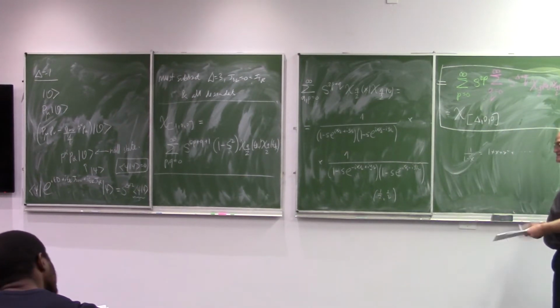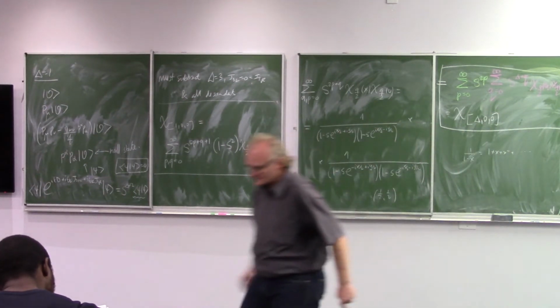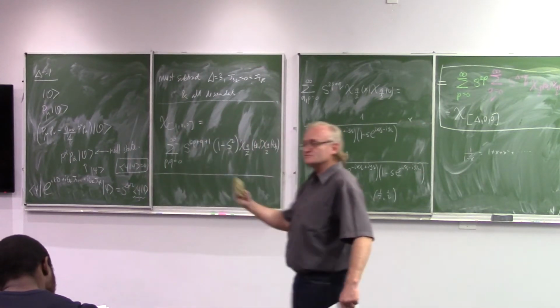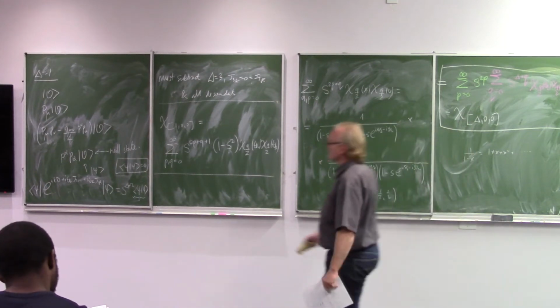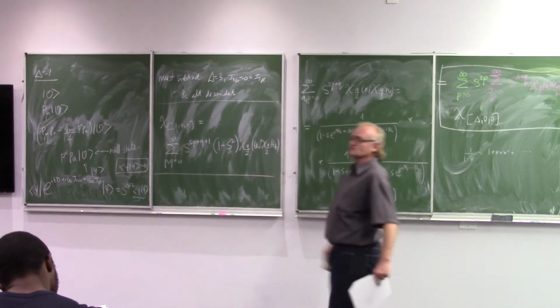Okay. Now let's prove what's called the Flato-Fronsdal theorem. We're going to take a tensor product of 2 of these characters and see if we can work out what's going on.